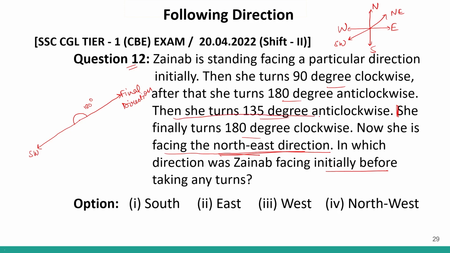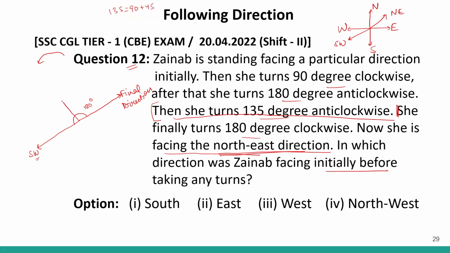Now, then she turned 135 degree anti-clockwise. So basically, to reach southwest, she turned 135 degrees anti-clockwise. Anti-clockwise is this direction, coming backwards, right? Imagine a clock and just reverse the direction. So we can write 135 degrees as 90 degree plus 45 degree.